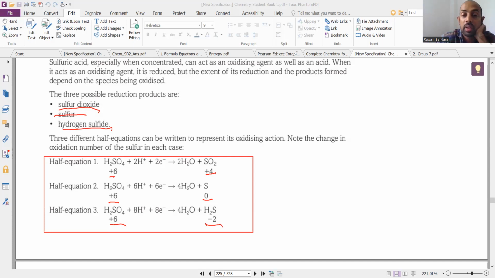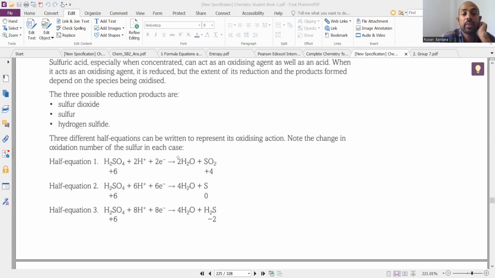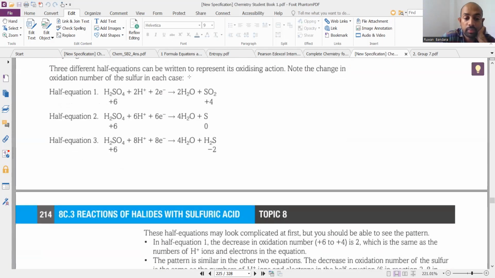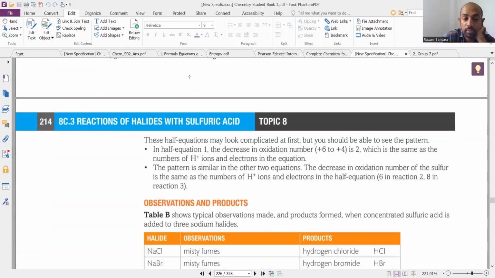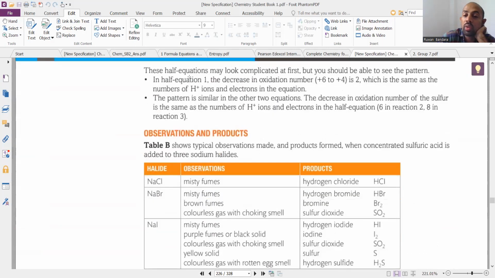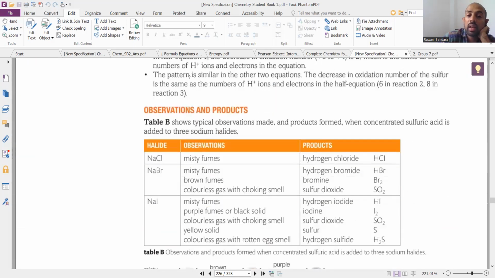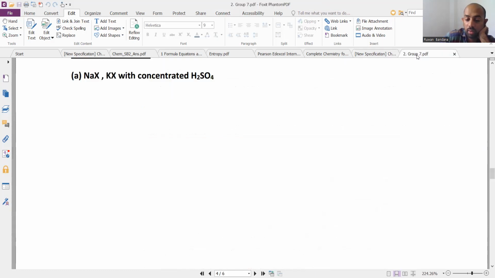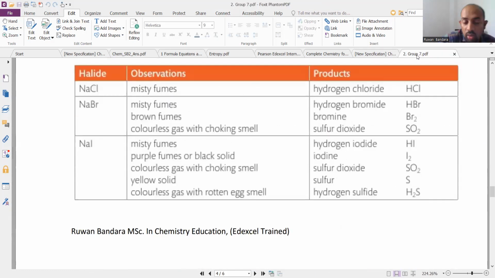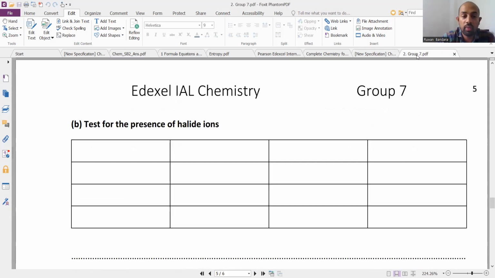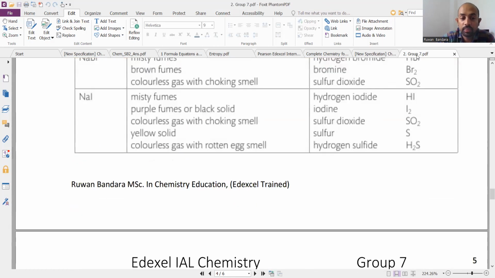We are going to discuss these reactions of sulfuric acid with the halide ions. Now, when you react concentrated sulfuric acid with sodium halides, the following observations can be made. That is already printed in your book, therefore you don't have to write it.